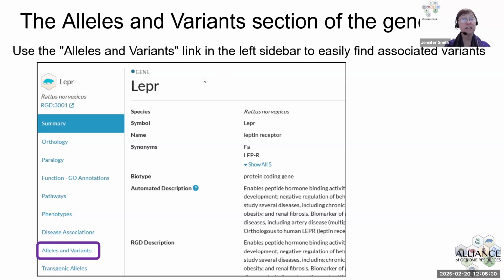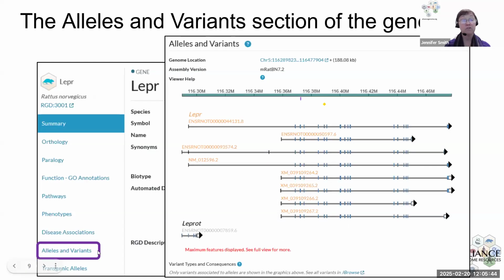And if I'm interested in alleles and variants, I can just scroll down to the alleles and variants section of the page, or I can use this link in the left sidebar that will take me directly down to that section. So if I click that alleles and variants link, it takes me down to this section.